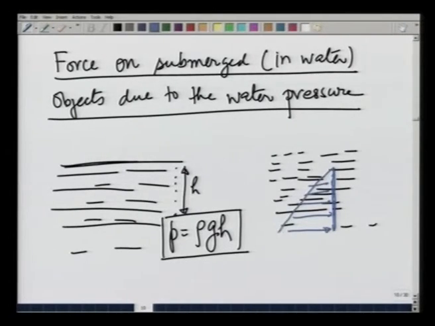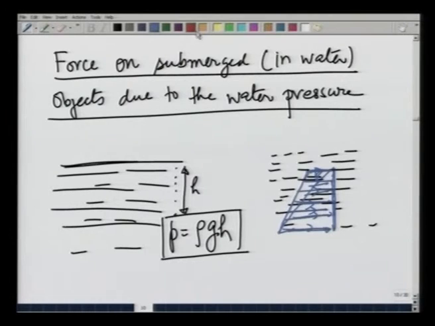So, the force varies like a triangular loading, or in fact, here it will not be triangular, it will be more like trapezoidal loading, because there is pressure at this depth also. So, the loading of force is going to be like this.